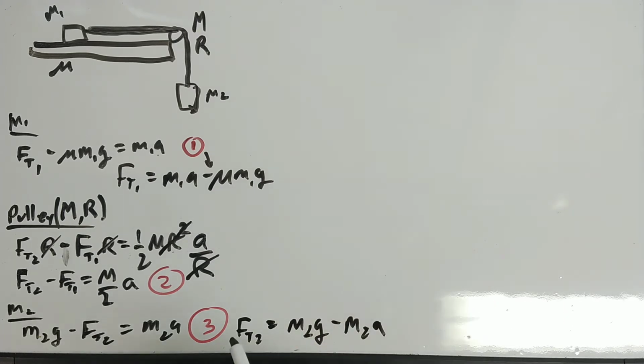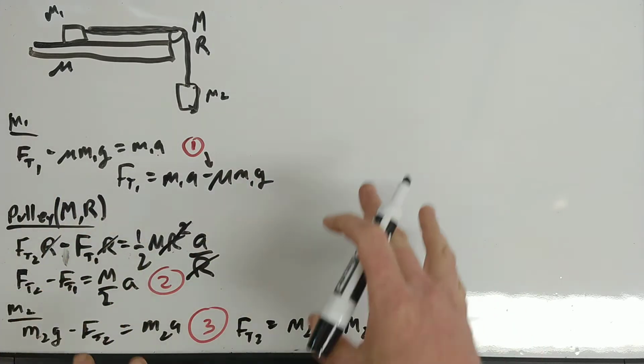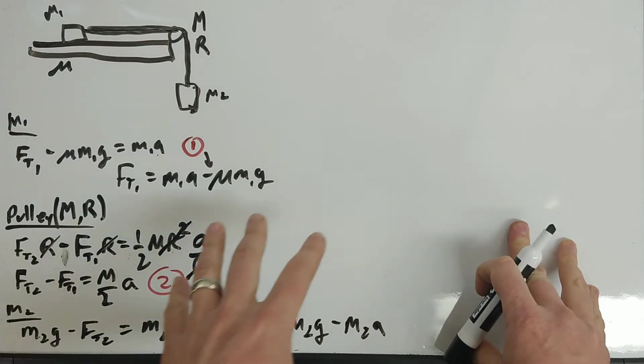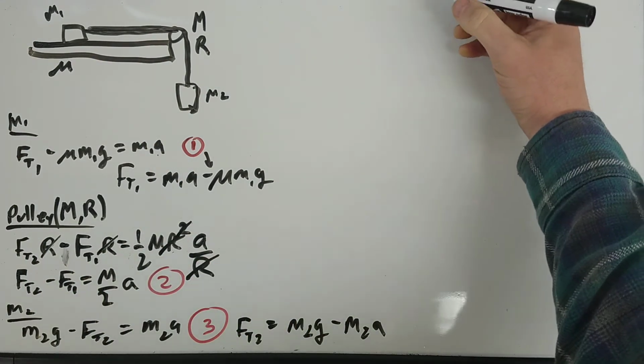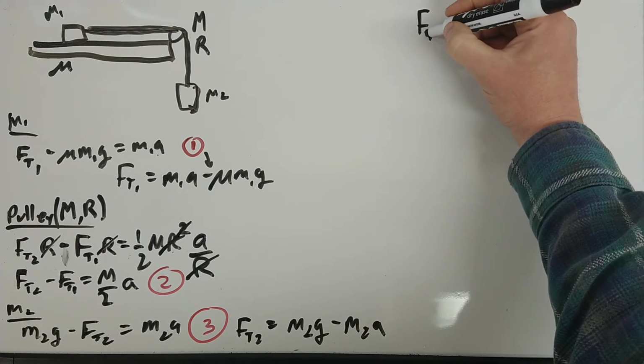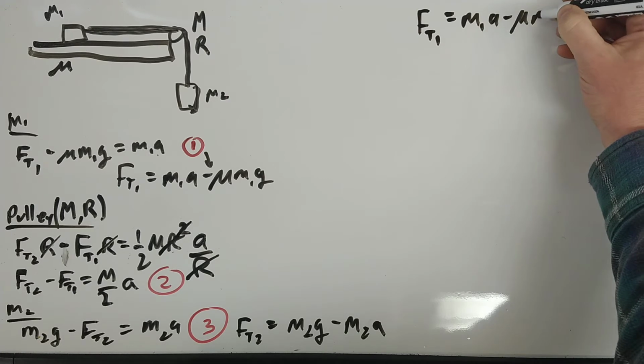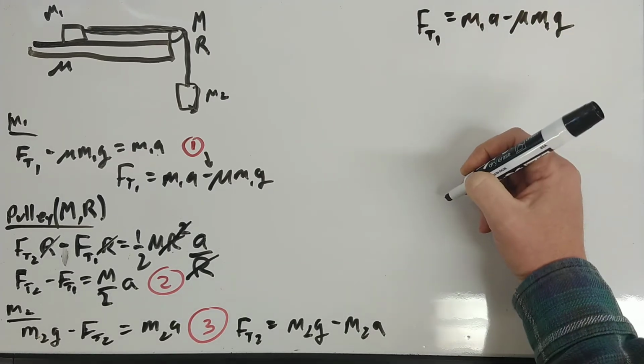So now these are my new equations. I think I will rewrite these over here, equations 1, 2, and 3, and give myself some room for the algebra. So equation 1, we've got Ft1 equals m1a plus mu m1g.